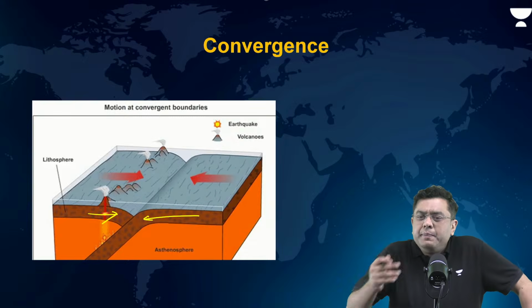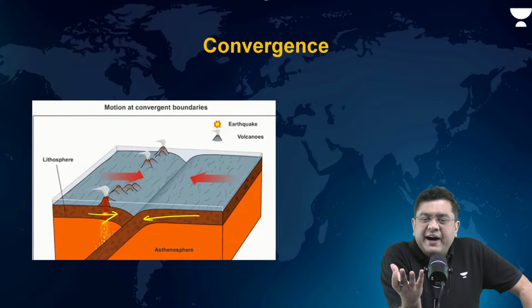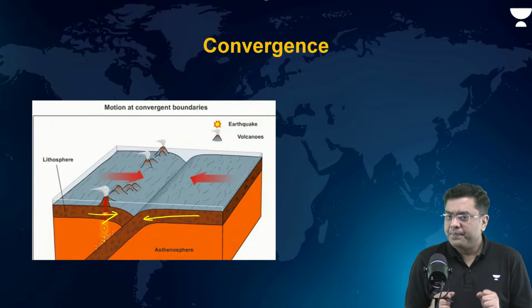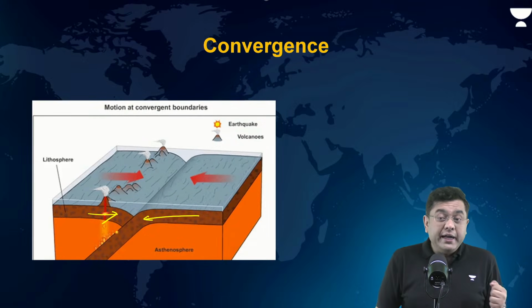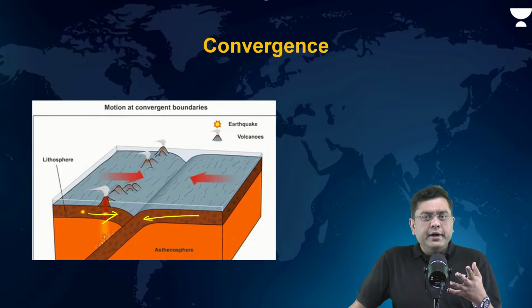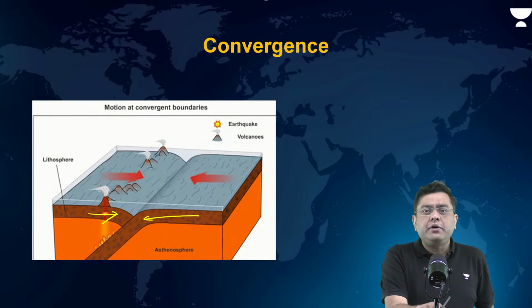Rift means what? What is the meaning of rift? A divide created by tension, isn't it? Rift is something that you use even in your English language. You use the term that the rift between India and Pakistan keeps on increasing.